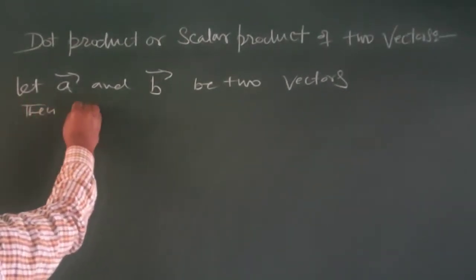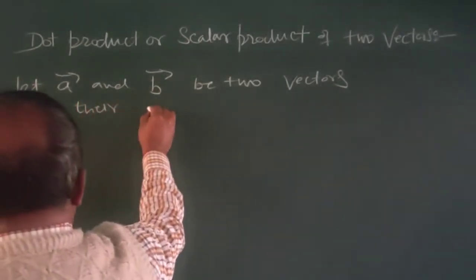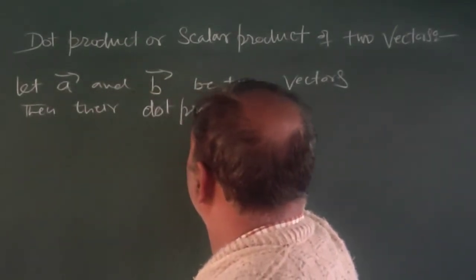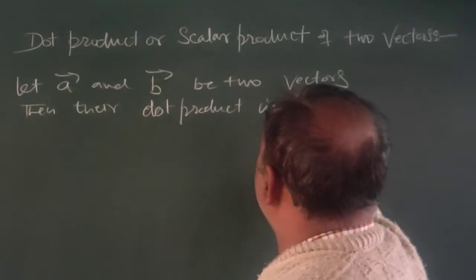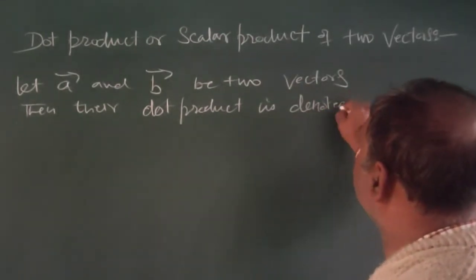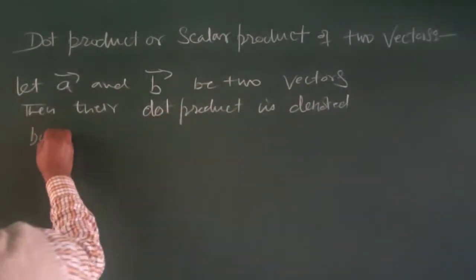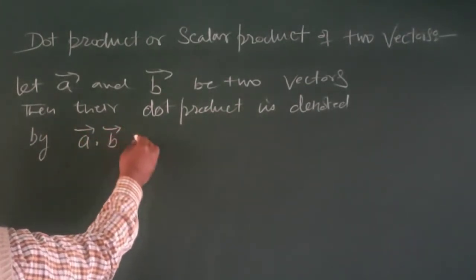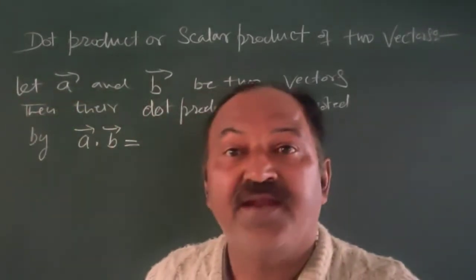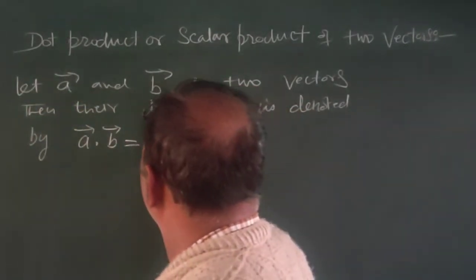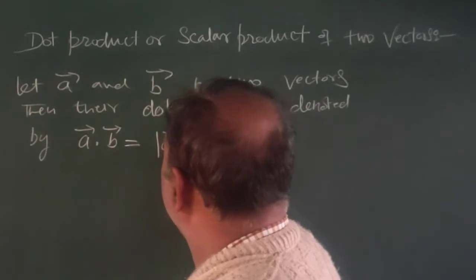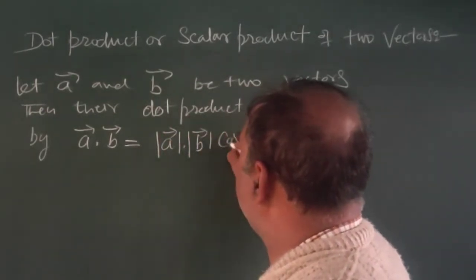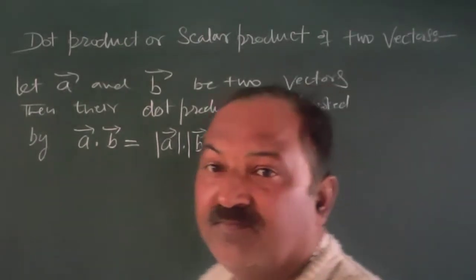Then their dot product is denoted by A dot B, and it is defined as A vector magnitude into B vector magnitude into cos of the angle between them.